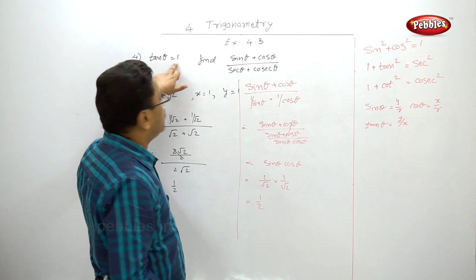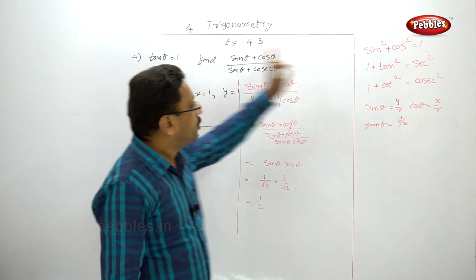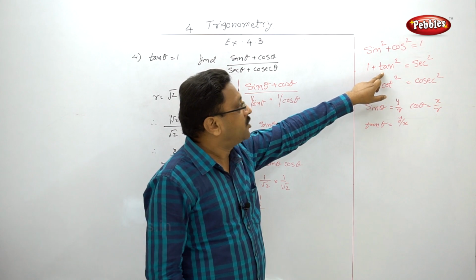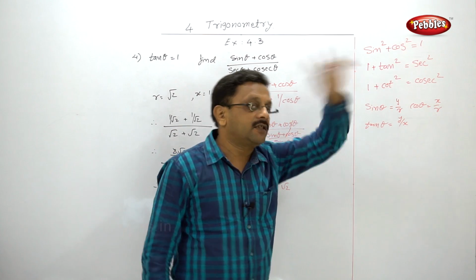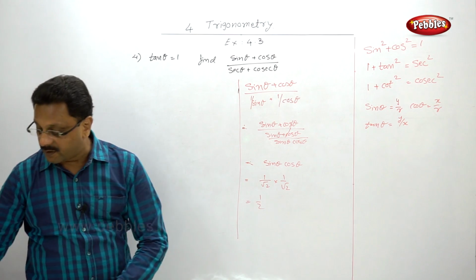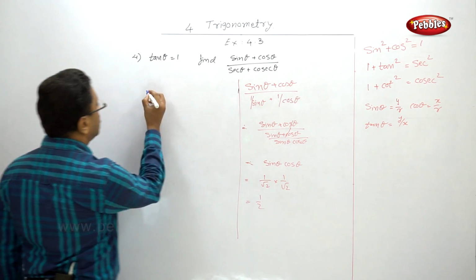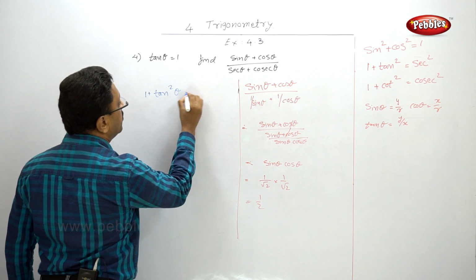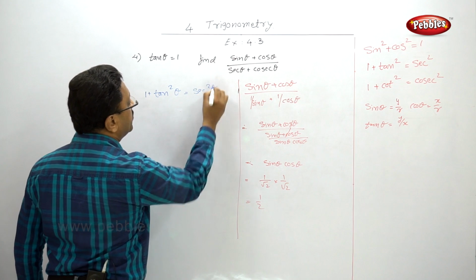Okay, you know tan theta is equal to 1. So can you substitute here? So tan square theta is equal to sec square theta minus 1. So I can even write it by this method, that is 1 plus tan square theta is equal to sec square theta.